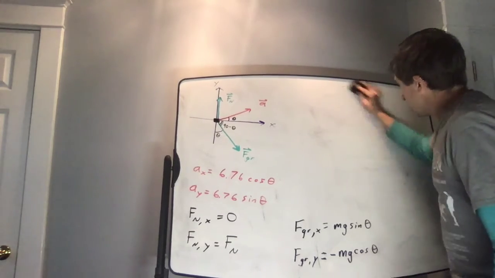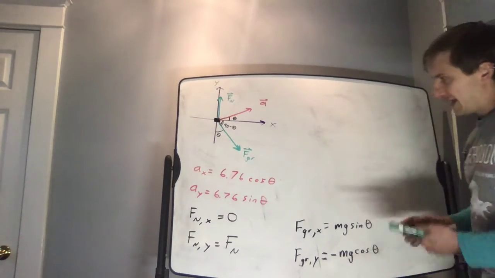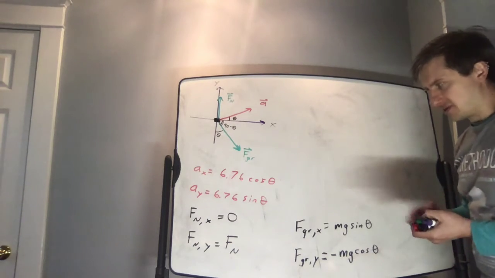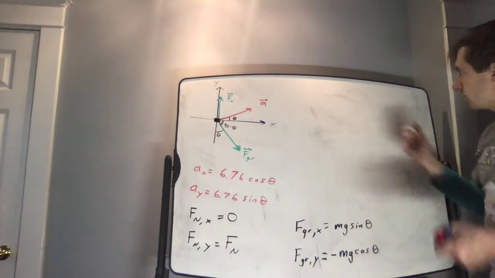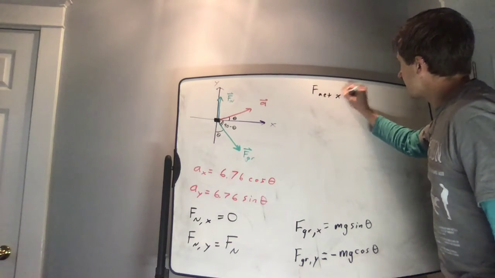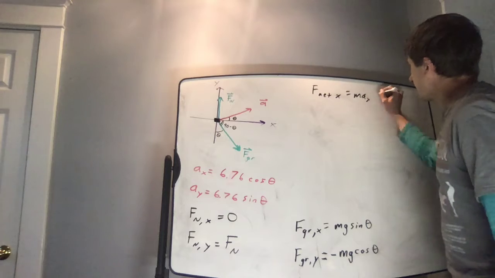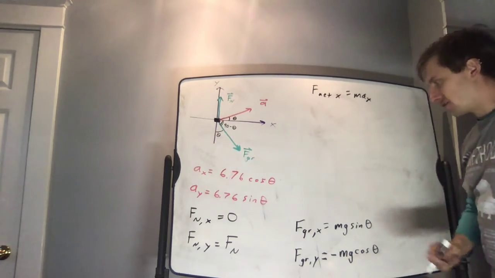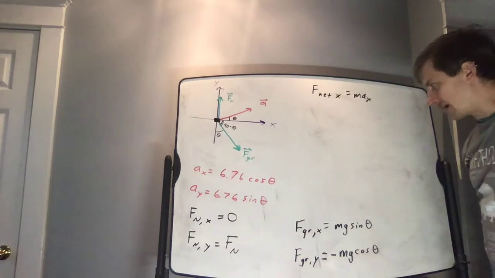So I'm going to set up Newton's second law, and let's look at the x component of Newton's second law first. So I could write F net x equals m a x, and let's add the net force in the x direction together.